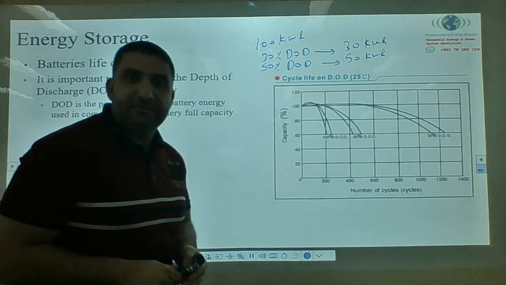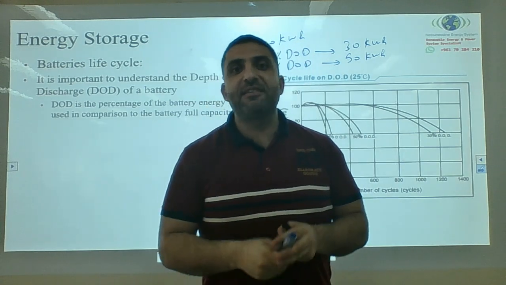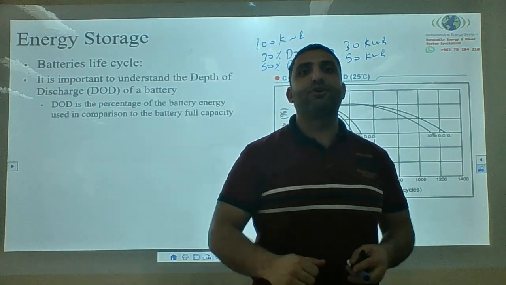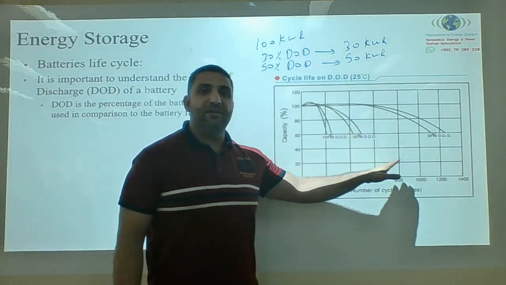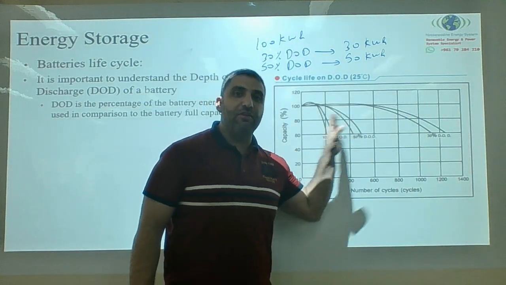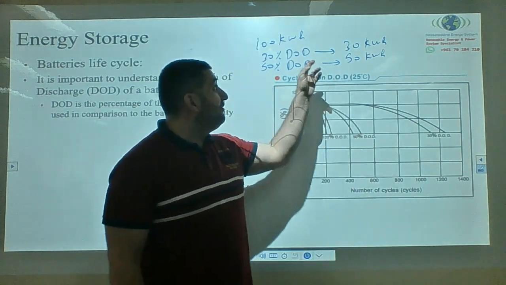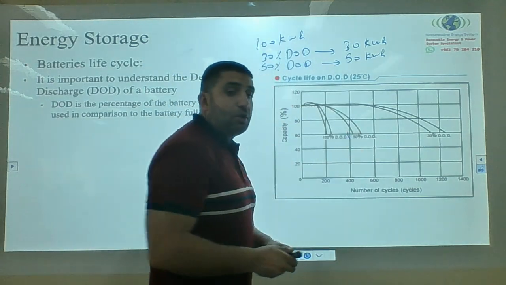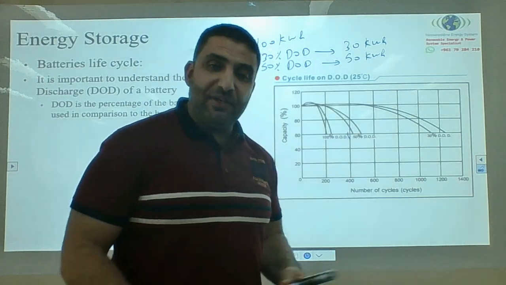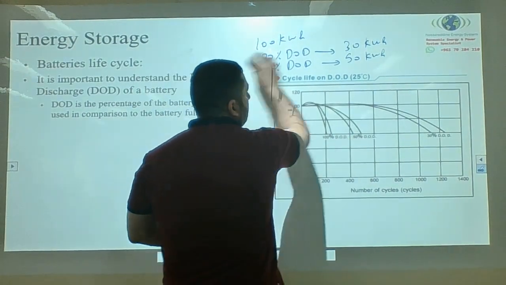For lead acid, 50 to 60% is the limit. It's not recommended to go more, because then it will be very hard for the battery to fully recover during the recharge. If you go beyond 60%, in reality, you will impact the life of your battery. So it's recommended.